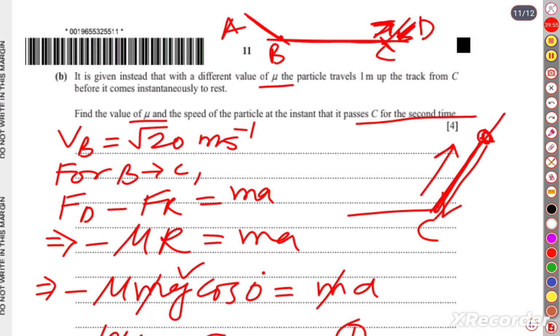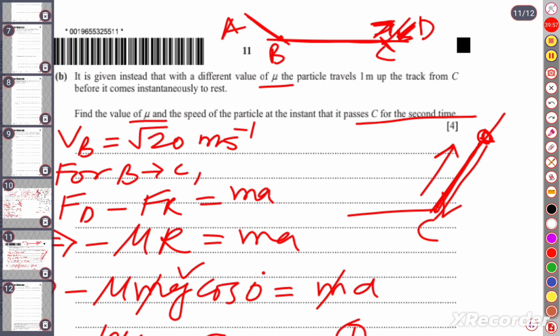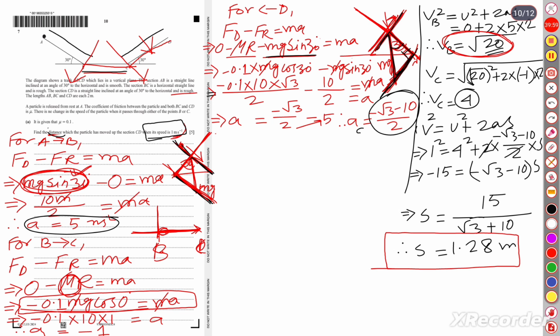Let us copy from the previous page. From the previous page we have written from C to D. This is actually our equation.